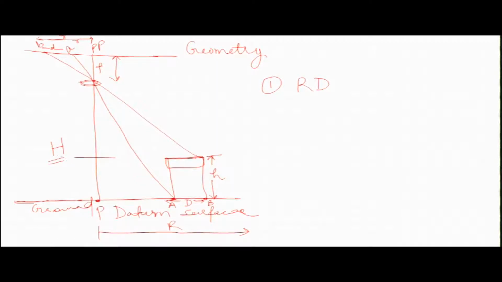If your lens is here, so suppose a building is located here at the center of this photograph or at the nadir point, means the point directly below the perspective center, which is your lens.